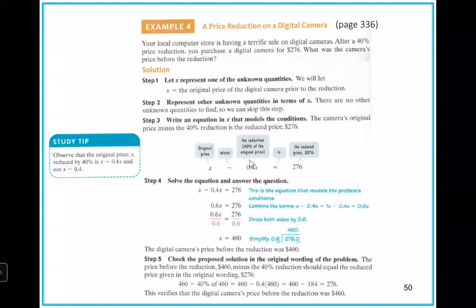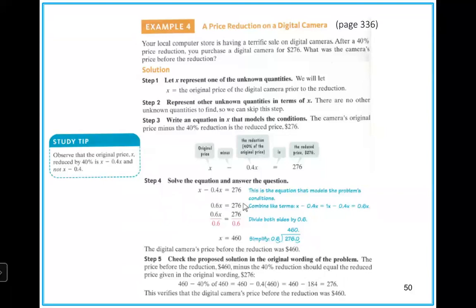So make sure in questions like this, where you are reducing or trying to find what the original price was, if you know the percentage that was taken out, that percentage must be taken out of the original price, which was x. And so once you set it up in this form, then you could go ahead and solve x minus 0.4x is equal to 276. x minus 0.4x gives you 0.6x.